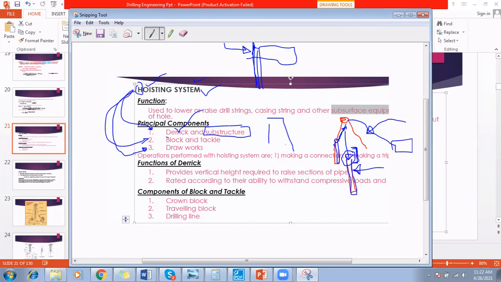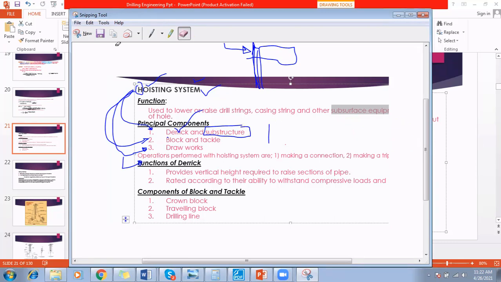Now, what are the functions of the derrick? The main purpose of the derrick, as I mentioned before, is that it is a pole-like arrangement. What is the purpose of this derrick? The purpose is to provide the required vertical height so that you may raise the pipes here.